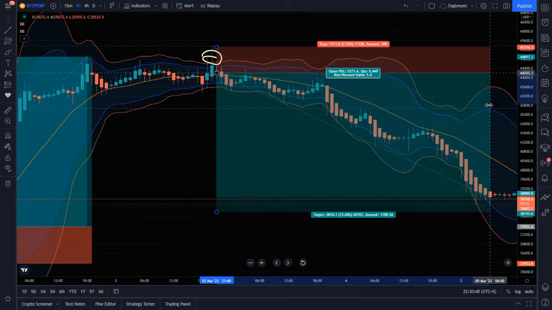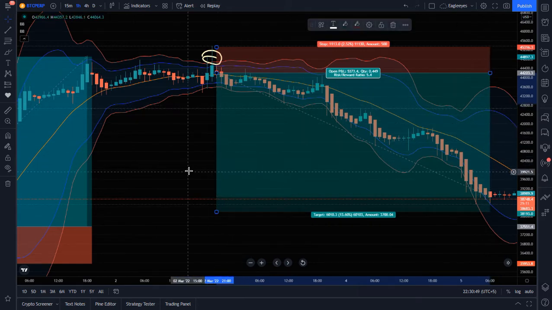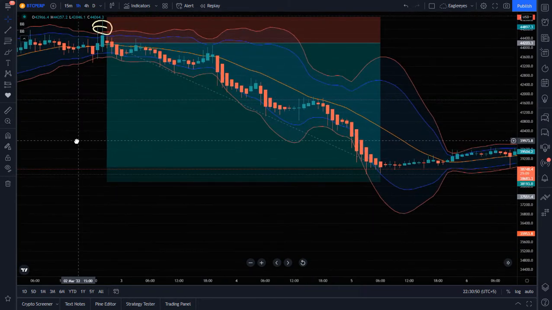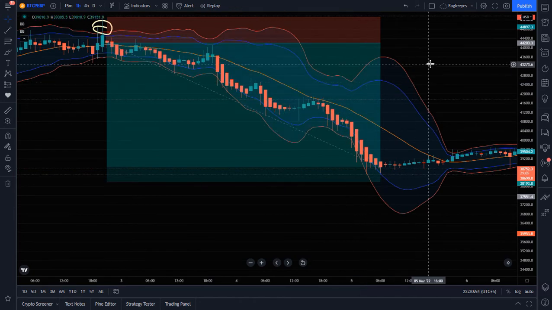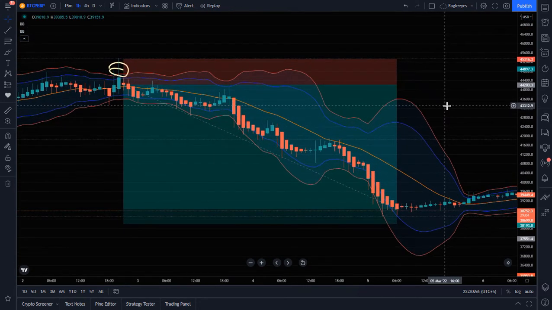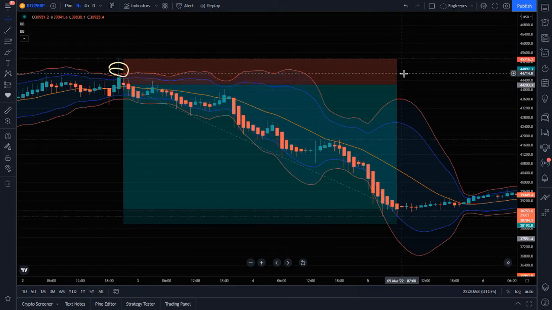And you can see we have a touch on the first Bollinger Band, and we can get a small trade of 2%. You can utilize this strategy for scalping also, and you can get out of this trade using Heiken Ashi.